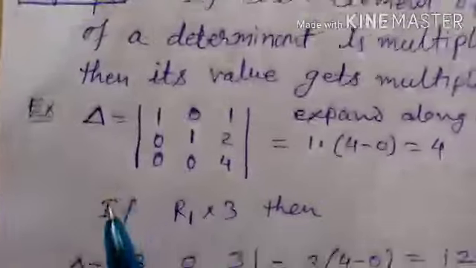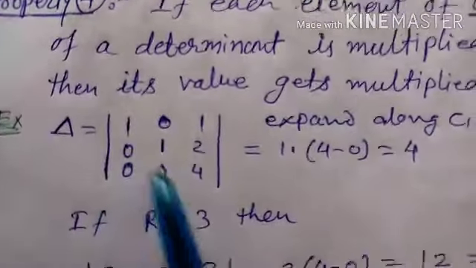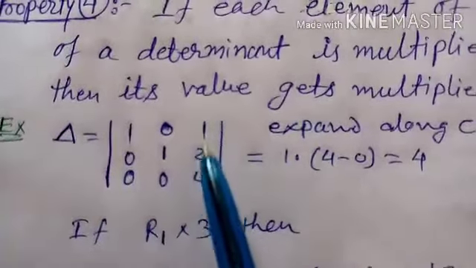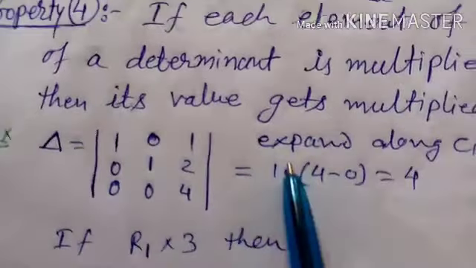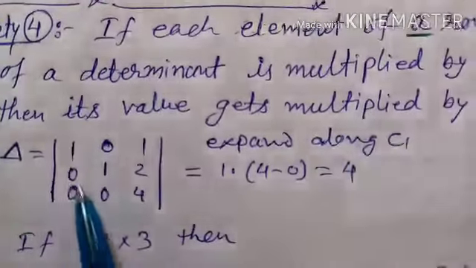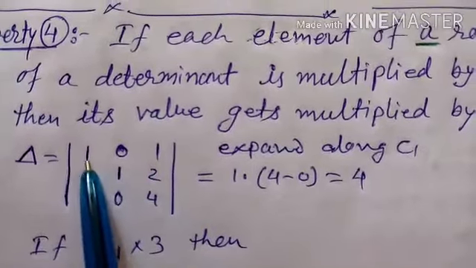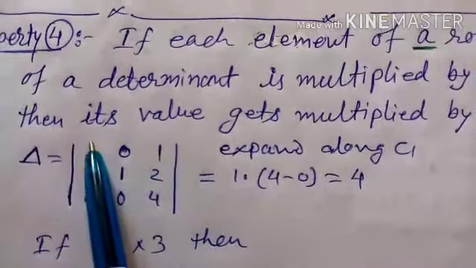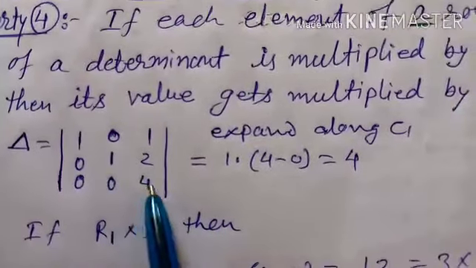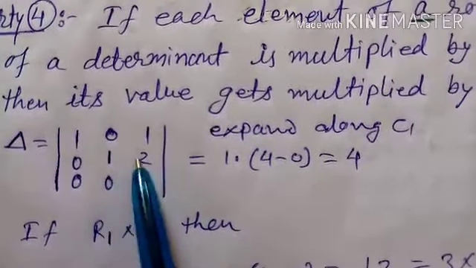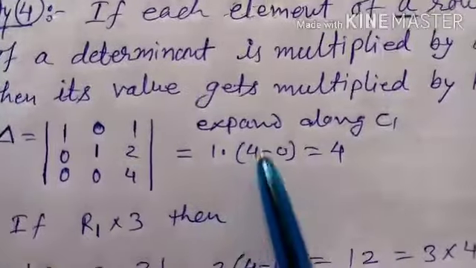Let's see one example. Suppose this is a determinant: 1 0 0, 0 1 0, and 1 2 4. If we expand along C1, because in the first column there are two 0s, we take only one element, 1. First row and first column deleted, so 1 into 4 minus 0 into 2, which is 0, so 4 minus 0.